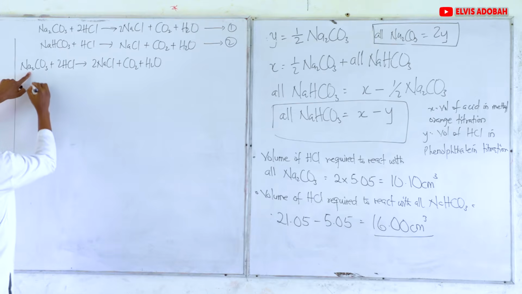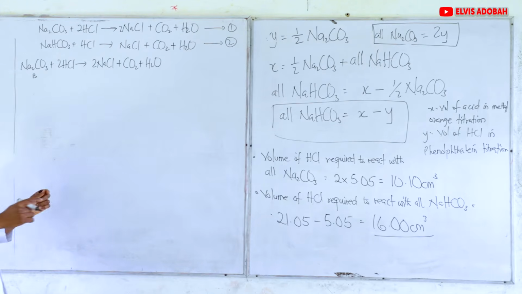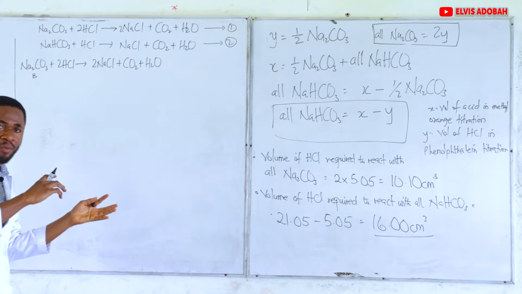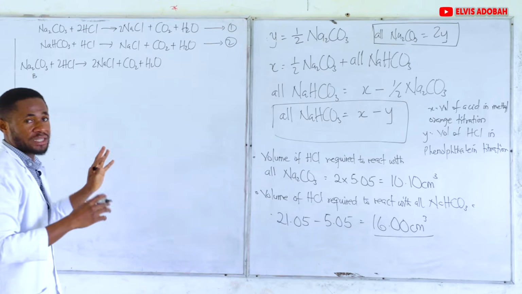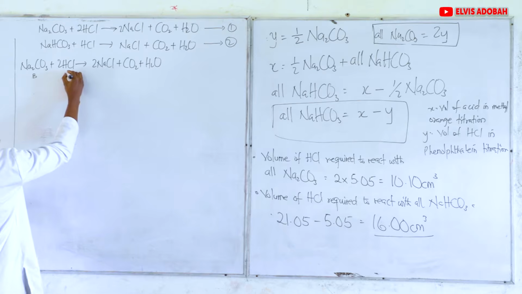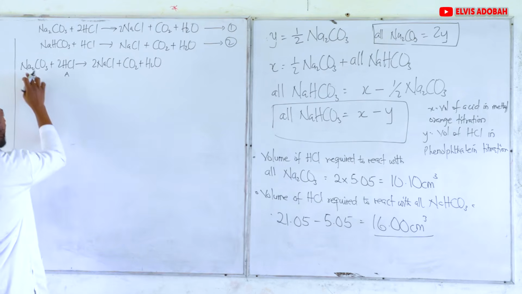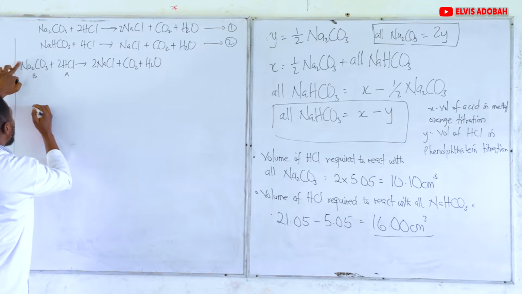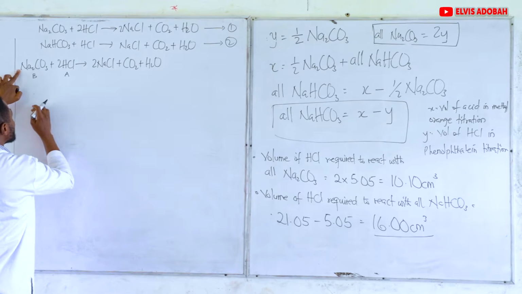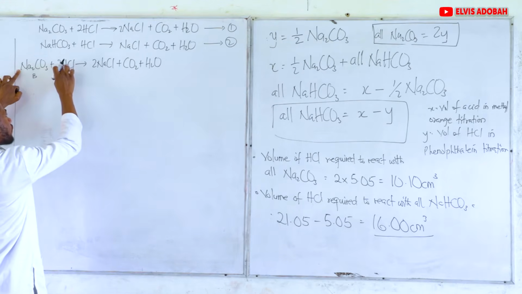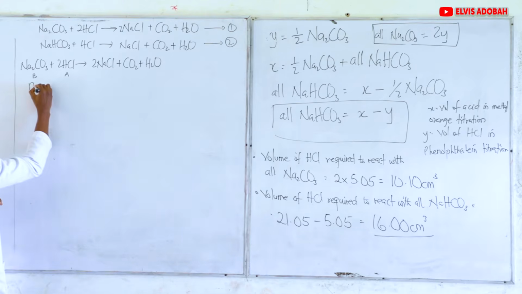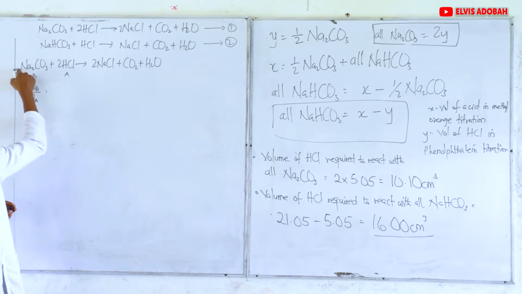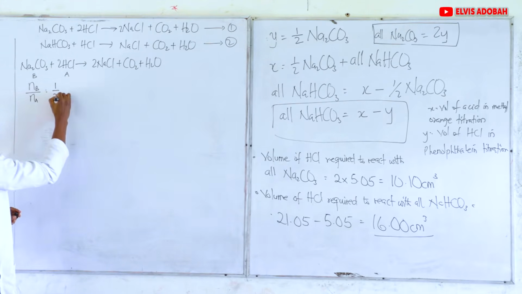Let's call the sodium carbonate solution B, because solution B was made up of sodium carbonate and sodium bicarbonate, but we are referring to just the sodium carbonate as B and hydrochloric acid as A. Now, per the mole ratio, we have 1 mole of sodium carbonate reacting with 2 moles of hydrochloric acid. So the moles of B over moles of A is 1 over 2.